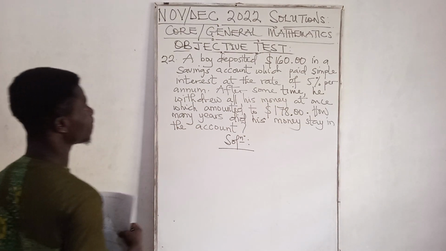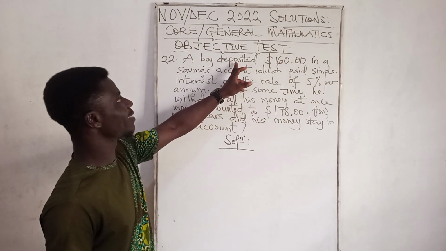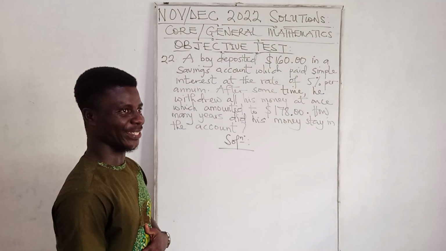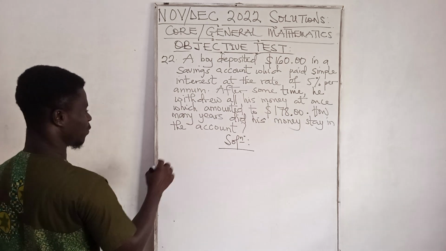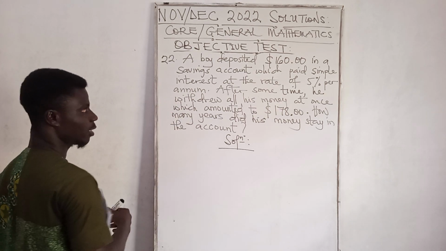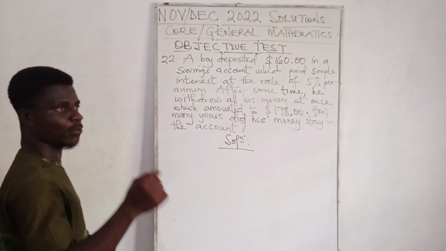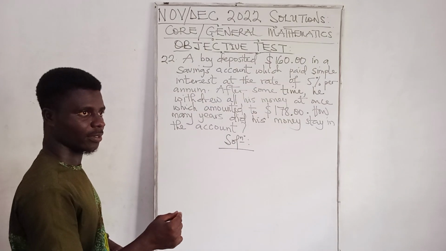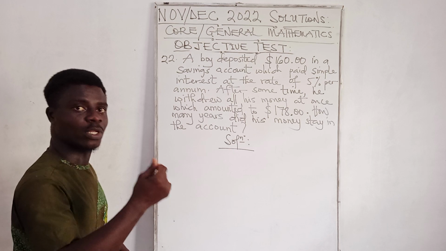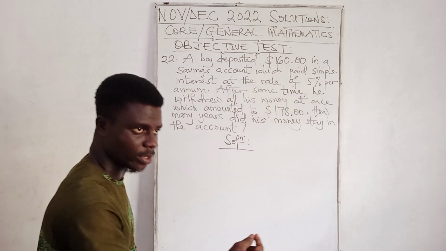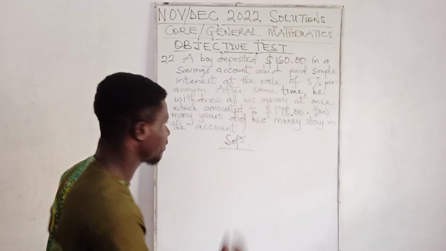So now here, a boy deposited $160. So now this $160 becomes the principal. We can say that the principal refers to the amount borrowed or the amount deposited.